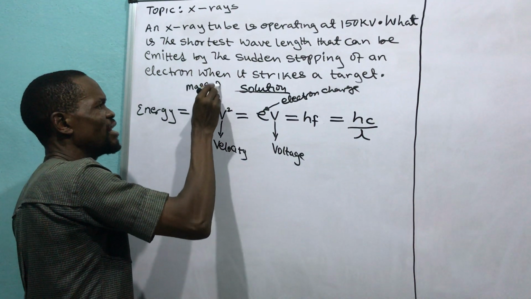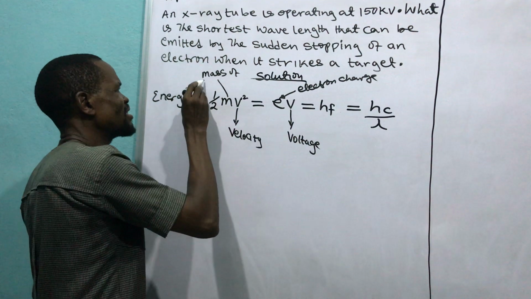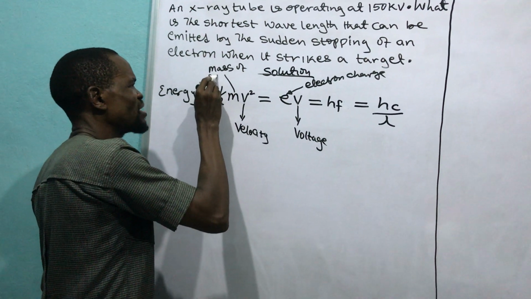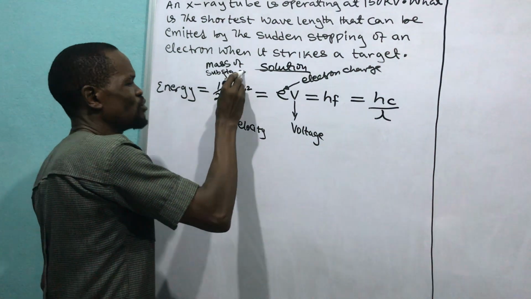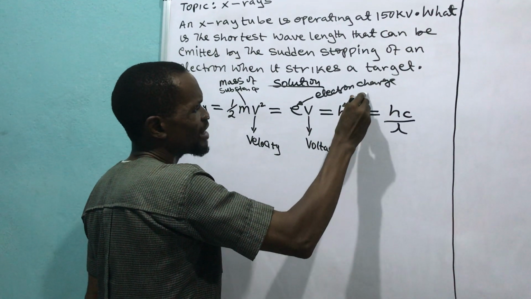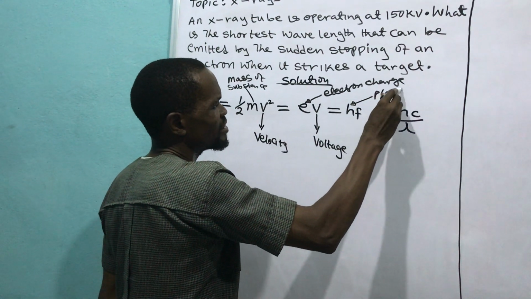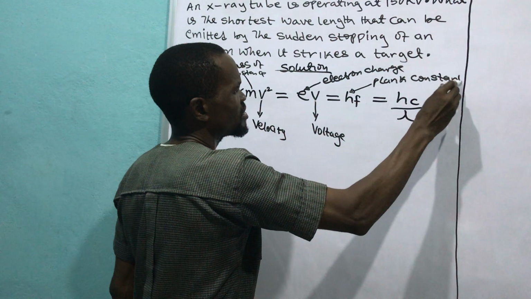Either the mass of the electron, if it's an electron moving, or the mass of the substance or object that is moving. This h is what we call the Planck constant.